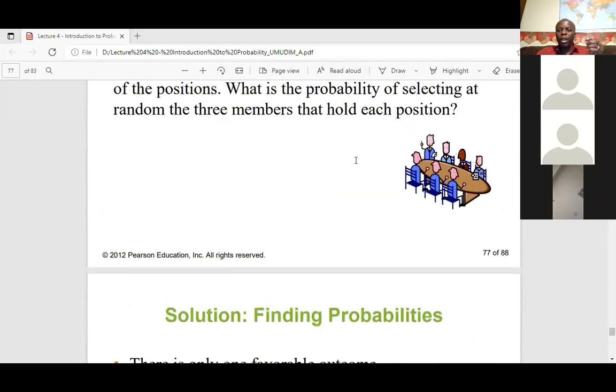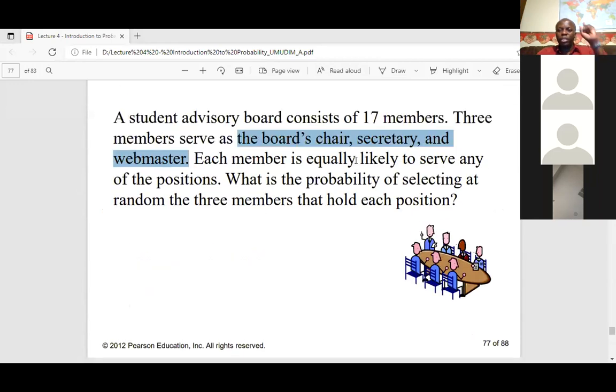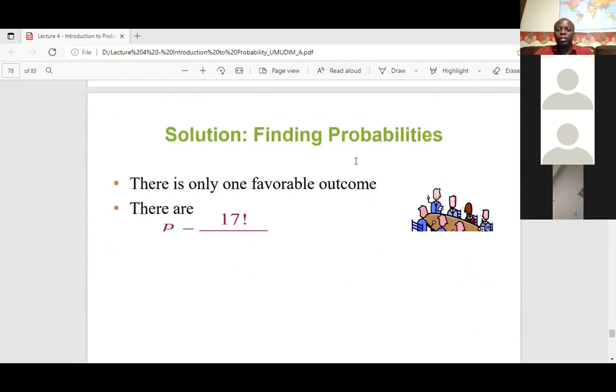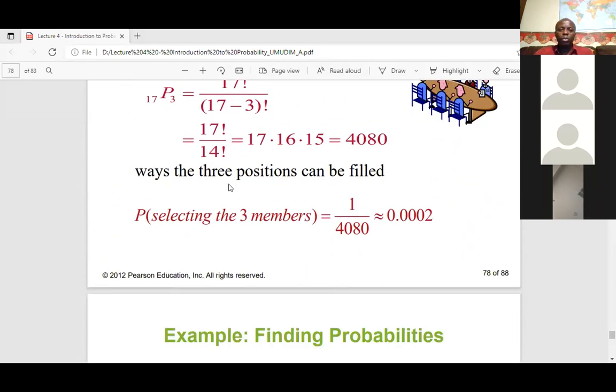Let's say we want to make one selection. The probability of selecting any of these will be 1 chance out of 4080, which is the sample space. So the first thing is to find the sample space, then find the outcome, and divide it by the sample space. That will give you the probability we are looking for, which is 1 over 4080.